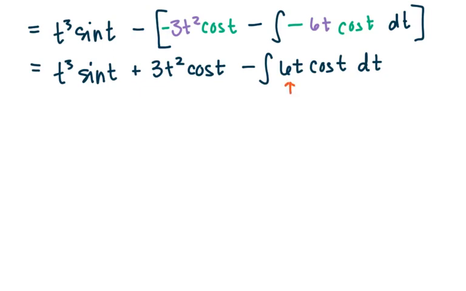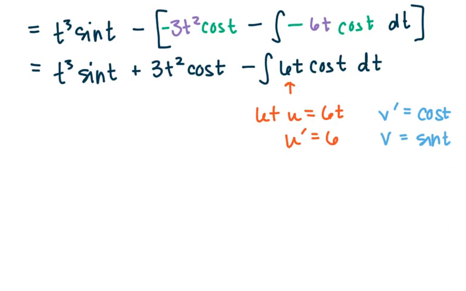So we should only have to do that one more time, because once I take the derivative of this linear algebraic expression, it's going to become constant. So I'm going to let U equal 6t. That means that U prime is 6, and my V prime is cosine t. The integral of cosine is sine of t.